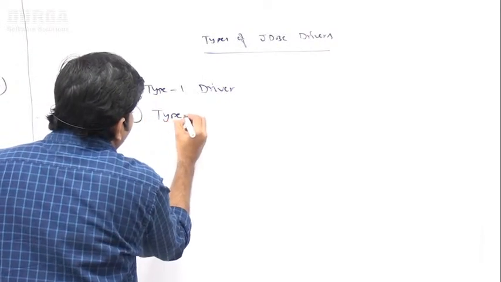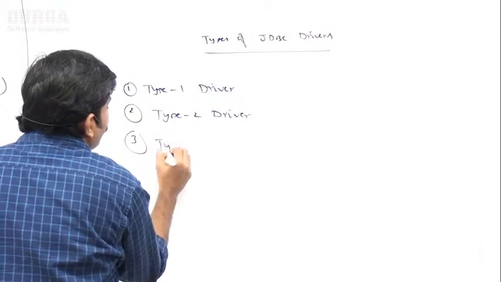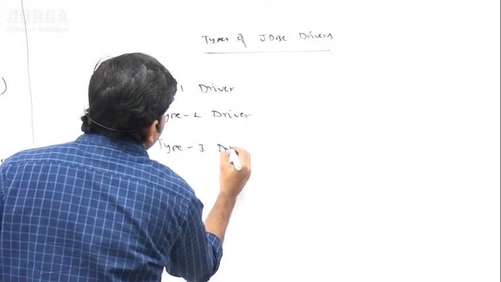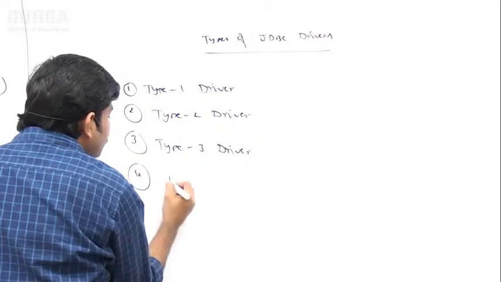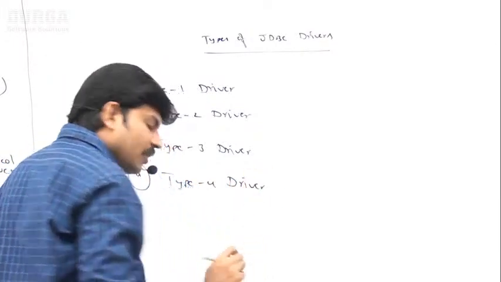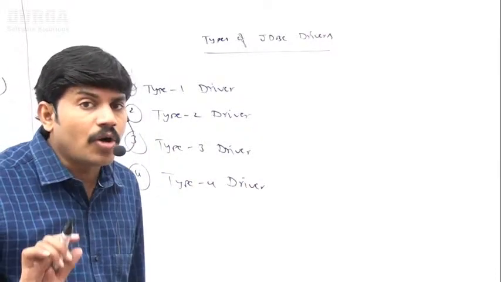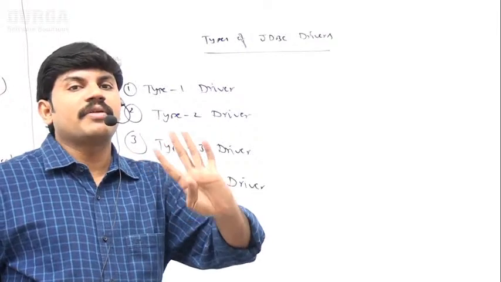Type 2 driver. Similarly, type 3 driver. Next, type 4 driver. So total JDBC drivers are divided into 4 types.